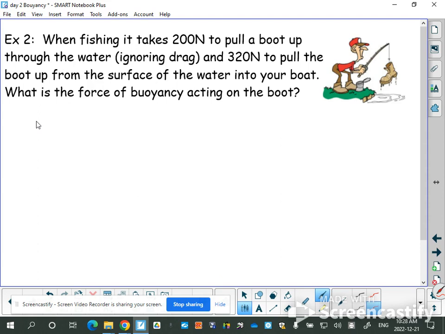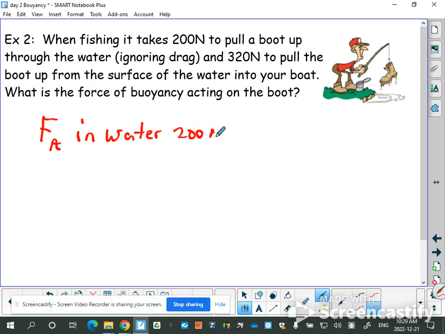So that means that if I want to figure out the buoyancy force, I just have to think about what's happening. So when I'm in the water, then the applied force while I'm in the water is 200 newtons.